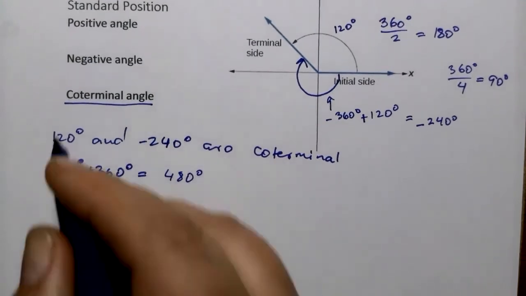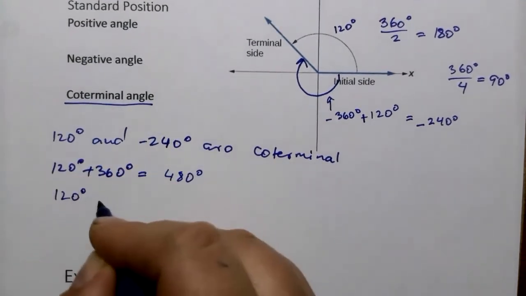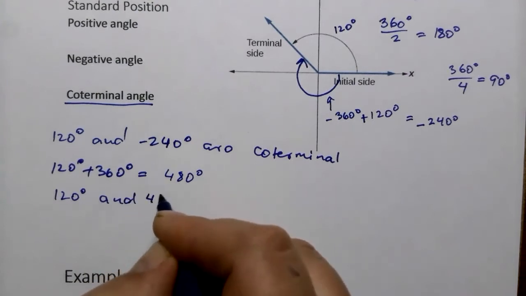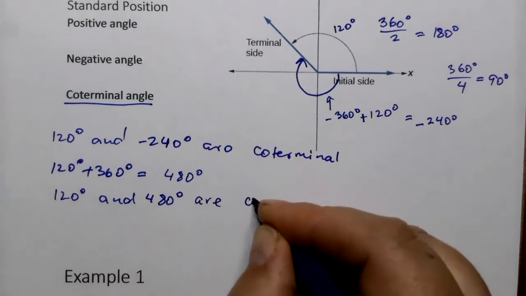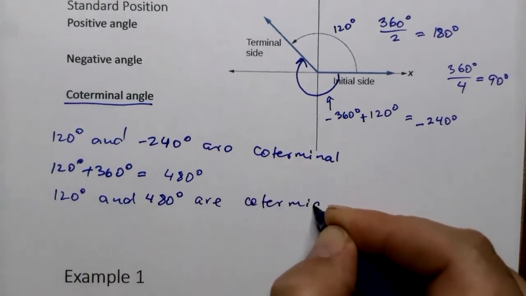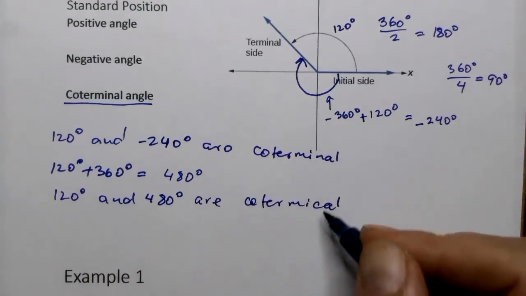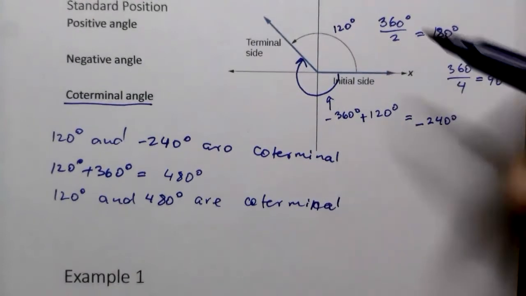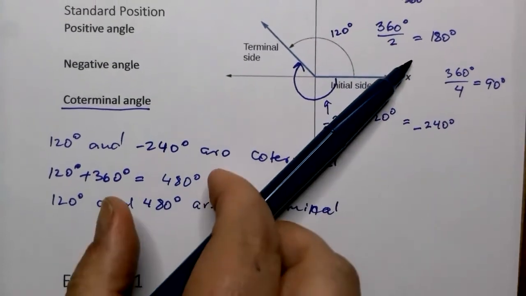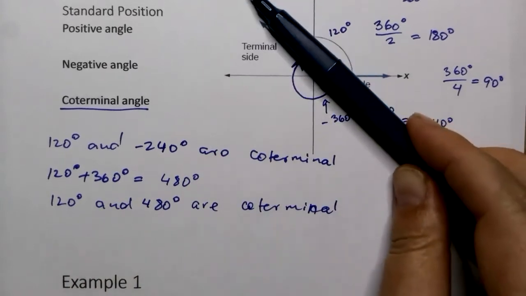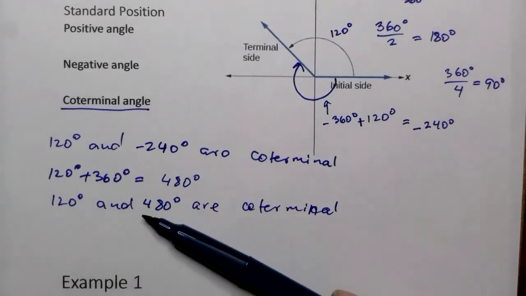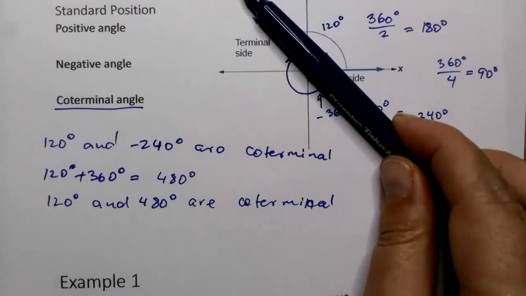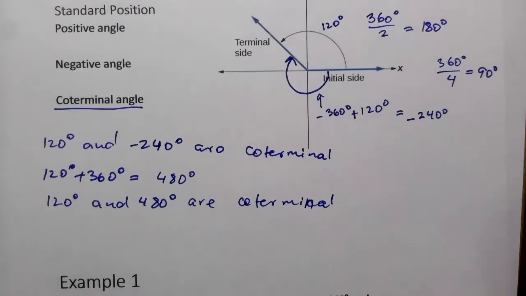So you could say that a 120-degree angle and a 480-degree angle are also coterminal angles, because they leave your terminal side in the same position. 120 and 480 will end up here in this position.